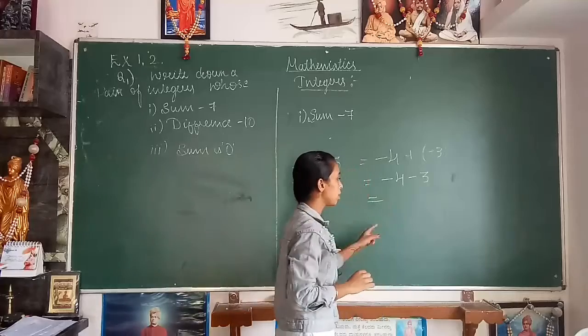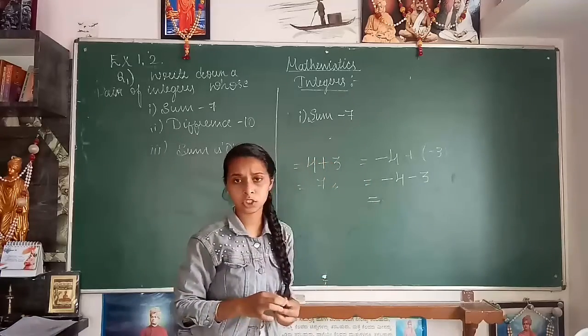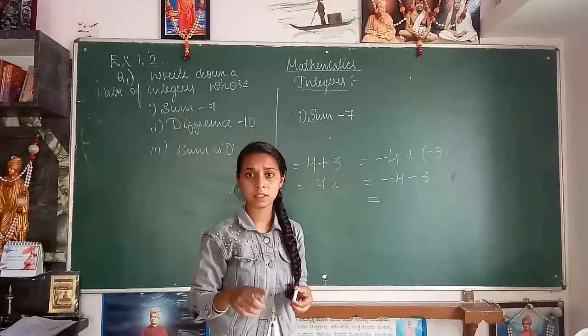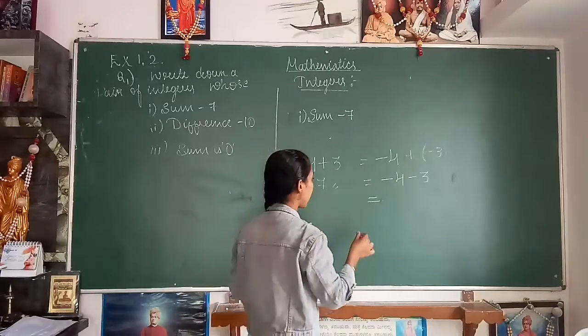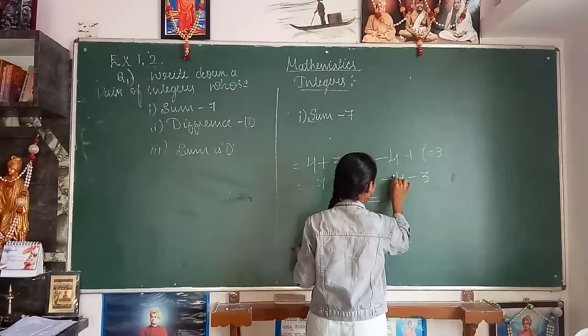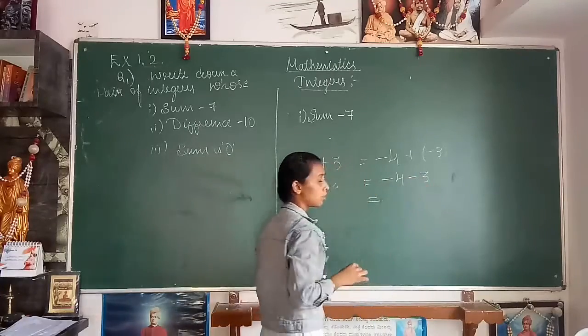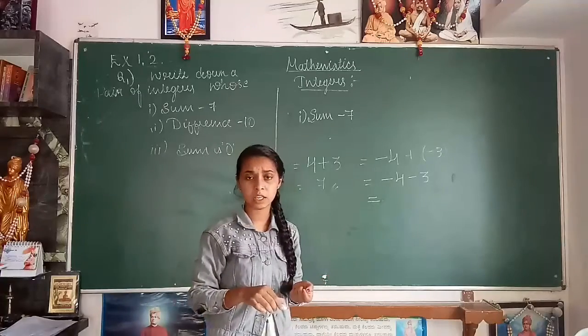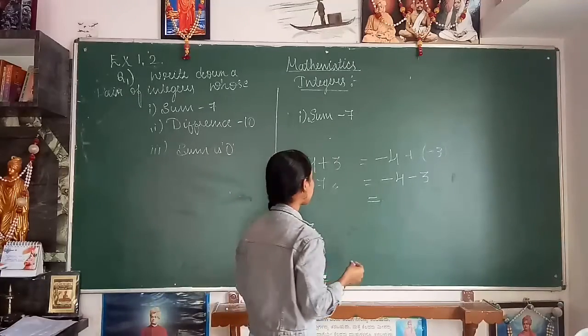So in this problem we can add both numbers. Why? Because they have both signs the same, that is minus. So we can add both numbers. So minus 4 and minus 3 is minus 7.